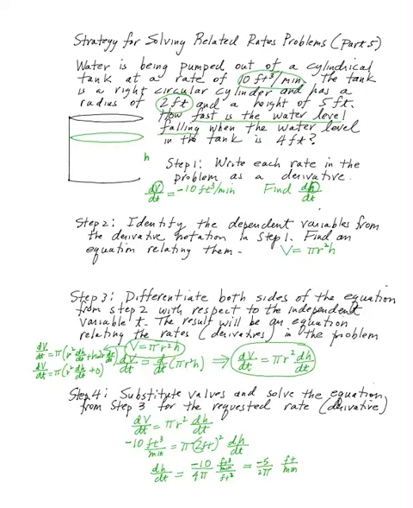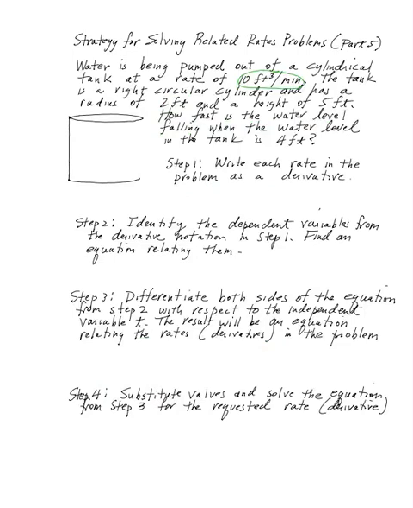So let's see, what are the rates in the problem? 10 cubic feet per minute. But how can I write that as a derivative? Cubic feet, that's volume, isn't it? And the minutes is time.